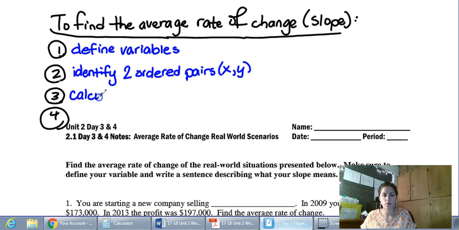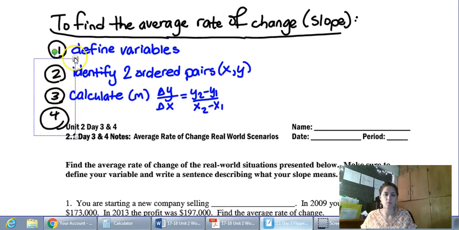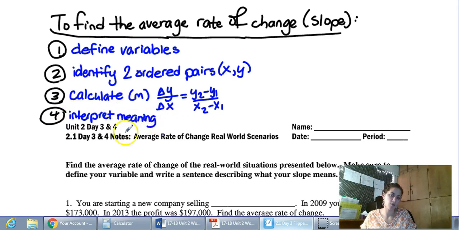Step 3, calculate M. And then last but not least, step 4, interpret meaning using XY labels.